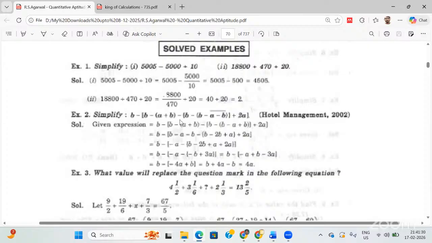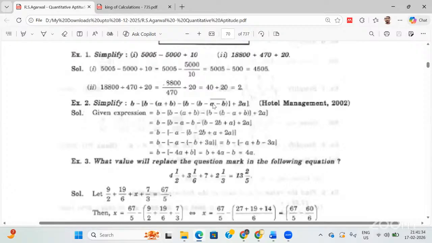In this sum, first we open the bar. Whenever we are opening a particular bracket, we have to follow different kinds of mathematical operations. It is very important: different kinds of sign-based operations. Plus and plus is always plus.